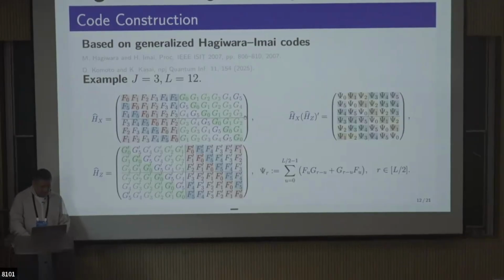The parent matrix H hat Z has the transpose partner pattern, with Gj blocks on the left and Fi blocks on the right. Because both halves are block circulant, the product of the two parent matrices is also block circulant. This is the parent product, and it is again a block circulant matrix.